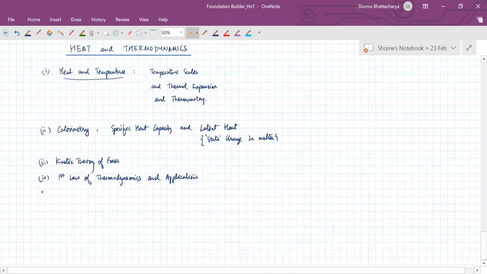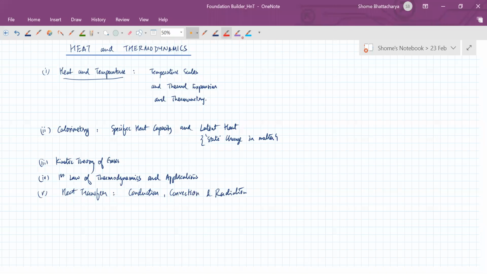And followed by the last section, which will be heat transfer, where we'll understand the concepts of conduction, convection, and radiation. Okay. So collectively, this entire portion has about 15% weightage in JEE Mains or Advanced.